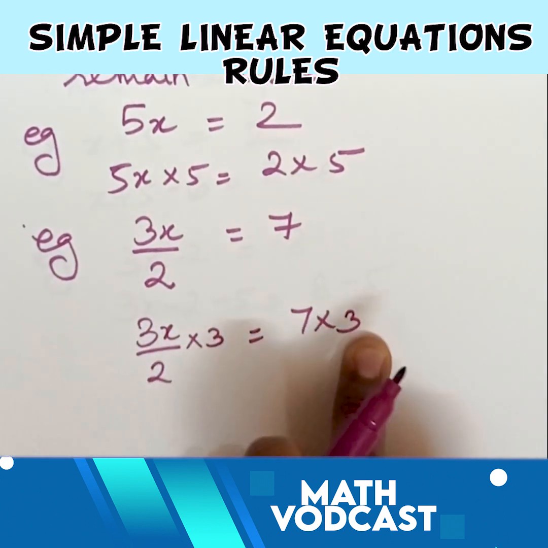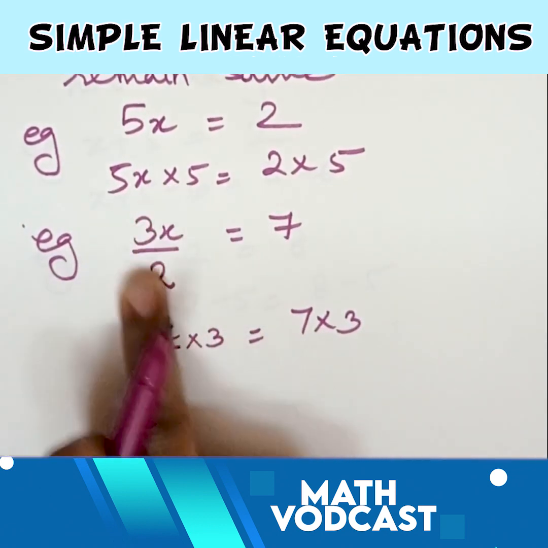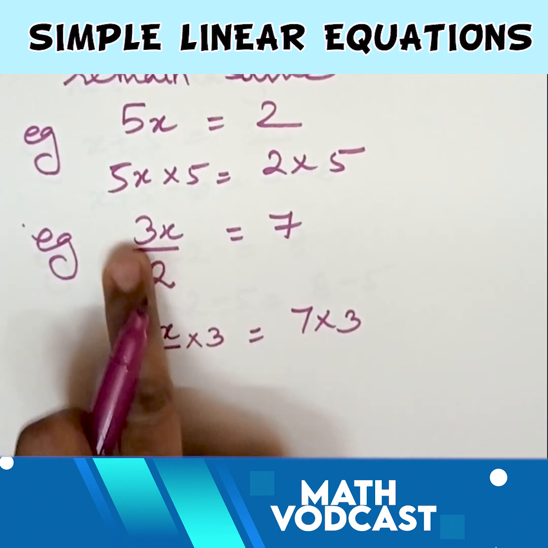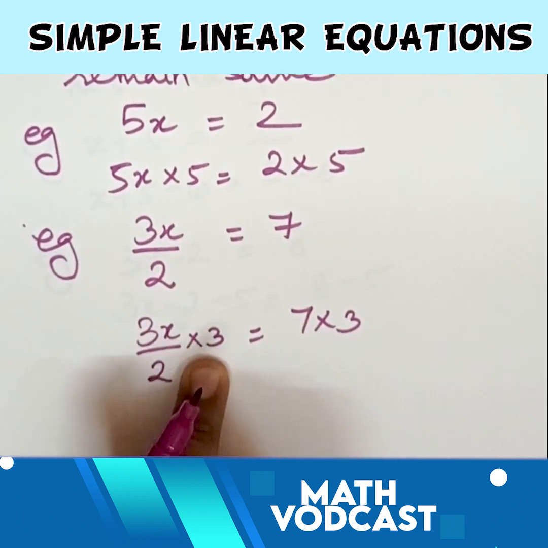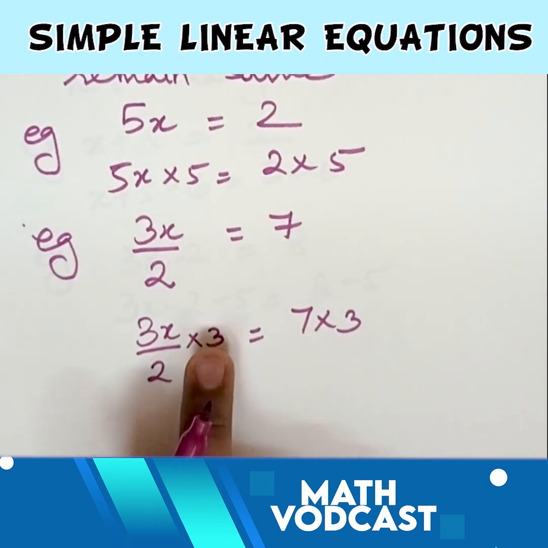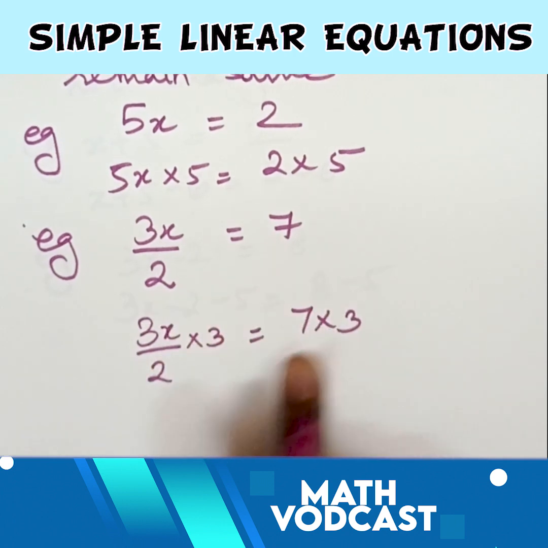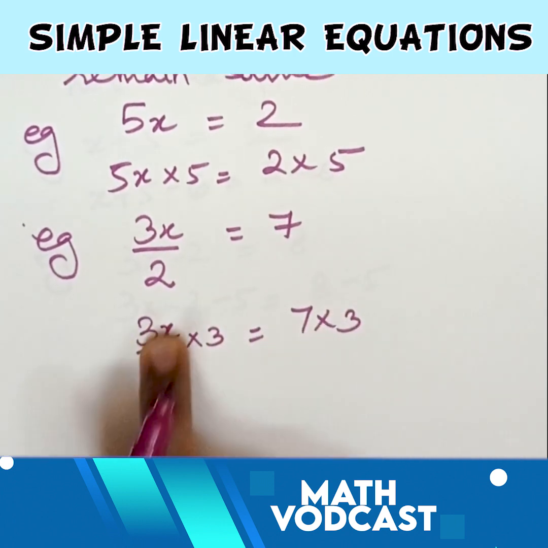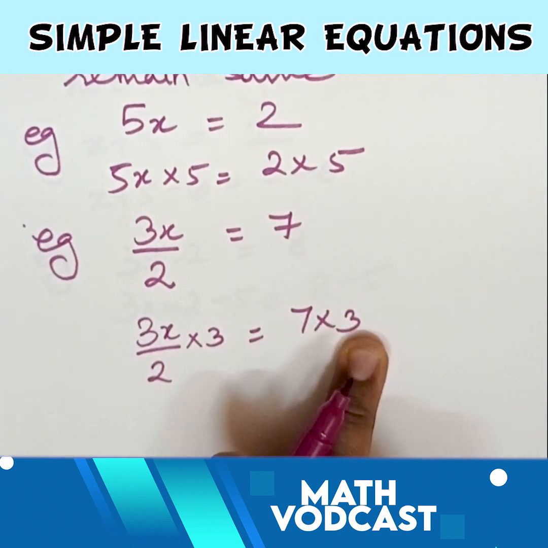So the equation will remain the same. This is the equation given. What I am doing is multiplying one side by 3. What is the rule? If I multiply on one side, I also multiply on the other side, and the equation will remain the same. So as you can see, 3x divided by 2 into 3 is equal to 7 into 3.